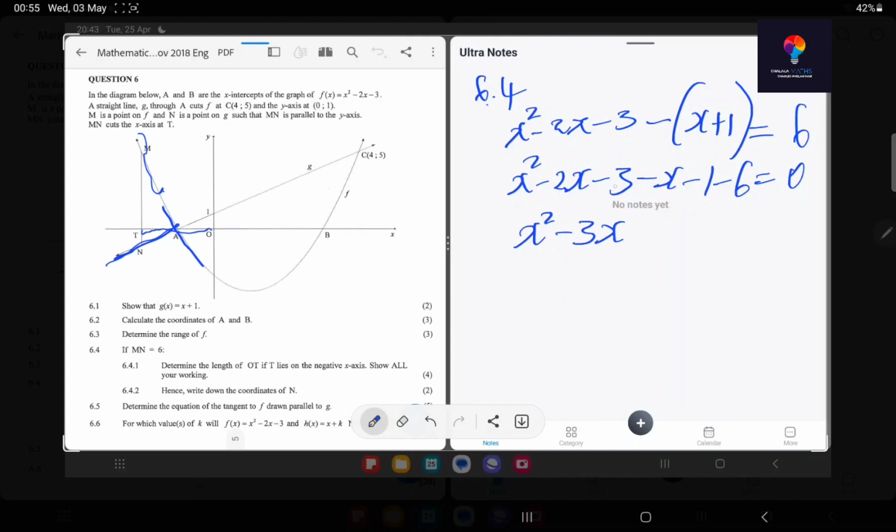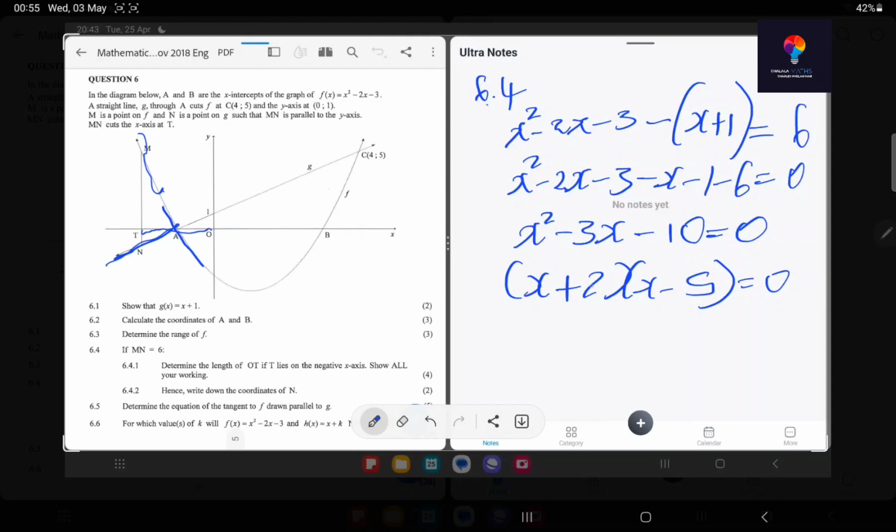Then minus 3 minus 1 minus 6 basically gives us minus 10 equals 0. So we factorize. In this case, I will choose 5 and 2. Minus 5 plus 2 is going to give us minus 3x.